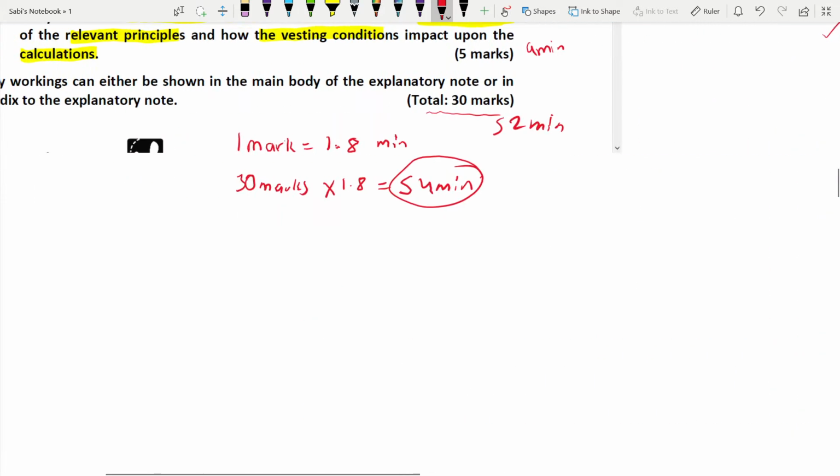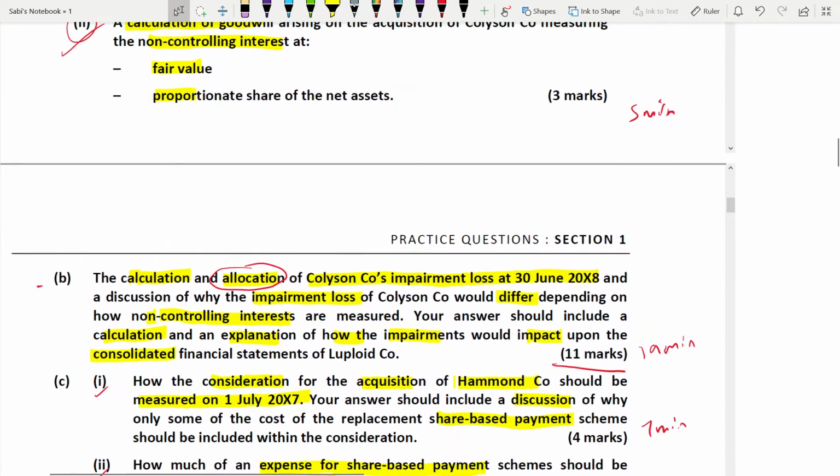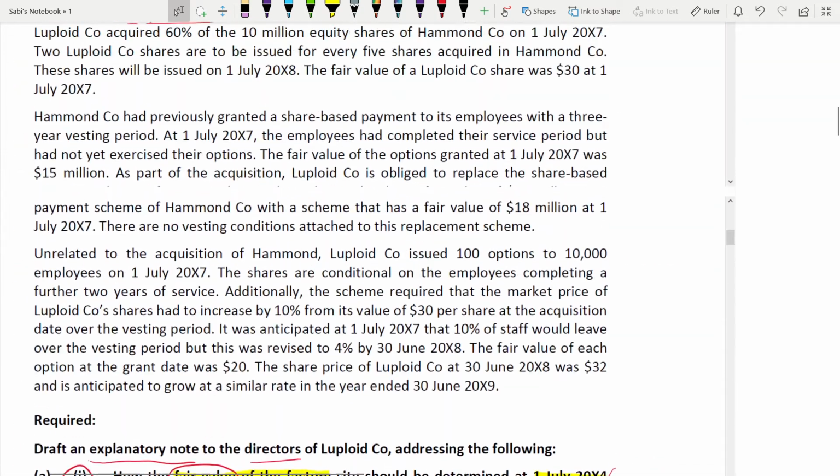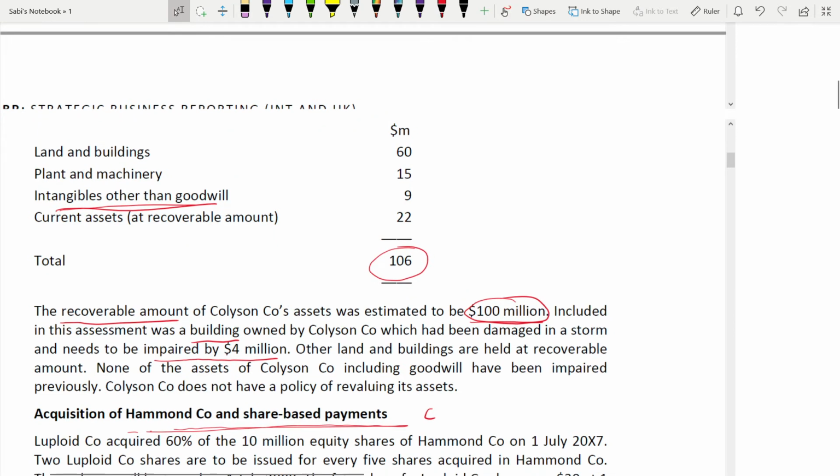Okay, how am I saying already land and buildings? If you go up, see here. Other land and buildings are held at recoverable amount. So this 4 million, it's a building, right?